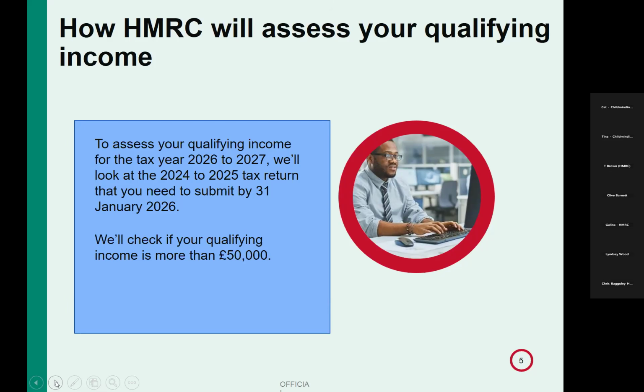After you submit your tax return, we'll check if your qualifying income is more than £50,000. If it is, we'll tell you when you must start using Making Tax Digital for income tax. However, as we will also emphasise during this presentation, it's very much something we would encourage you to be thinking about and making your own assessment of, so that you've got as much lead-in time for this as possible and as much clarity as you can get.